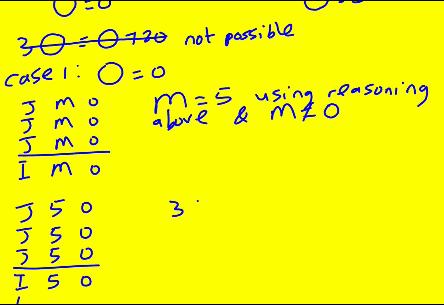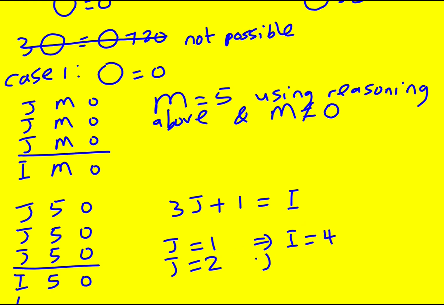Therefore, we've got 3J plus 1 must equal I. So we could have J equals 1, which would give I equals 4, sorry. J equals 2 would give I equals 7. And J equals 3 would give I equals 10, so no solution.